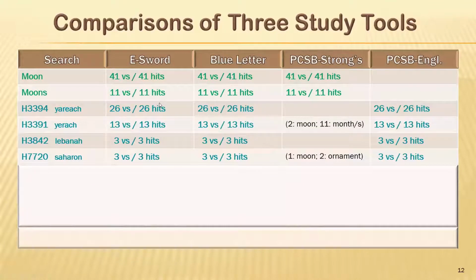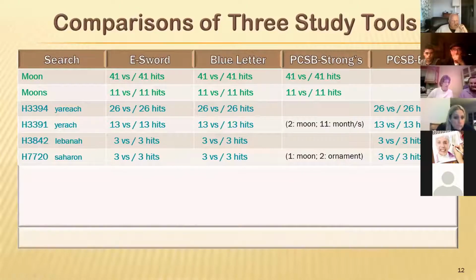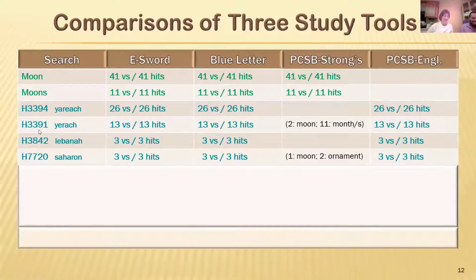The next search, I was looking at Hebrew word numbers, 3394. You're right. And 3391. You're right. That was too close. And 3842. And 7720. Right. So when I did this, we don't want to spend a lot of time here, but you can just eyeball this really quick, and you can see here, both of these are 26 and 26.